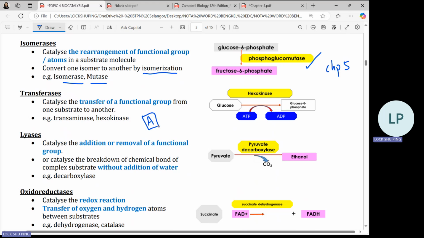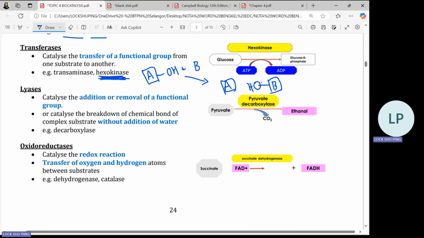So if let's say I have molecule A with a hydroxyl group, it reacts with B, and at the end, the hydroxyl group is transferred to molecule B. This particular reaction will require transferase. An example of the enzyme is hexokinase, which you are going to learn in chapter 5 later on, in the first reaction of glycolysis.